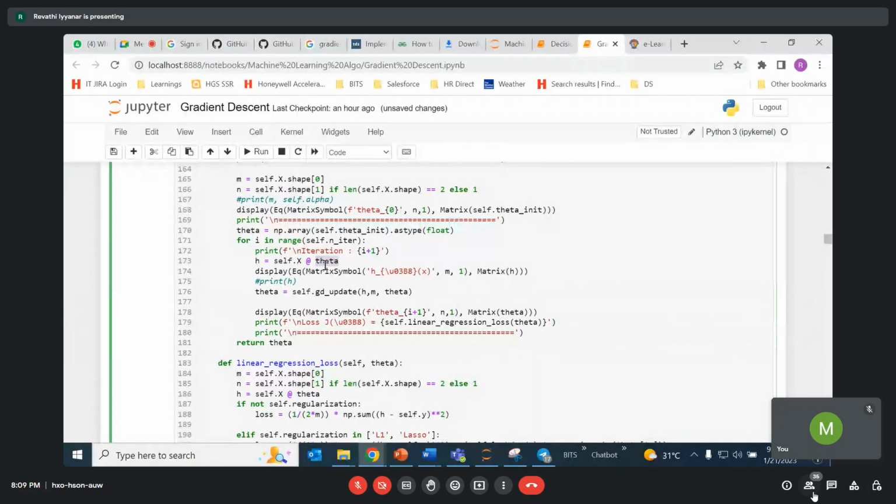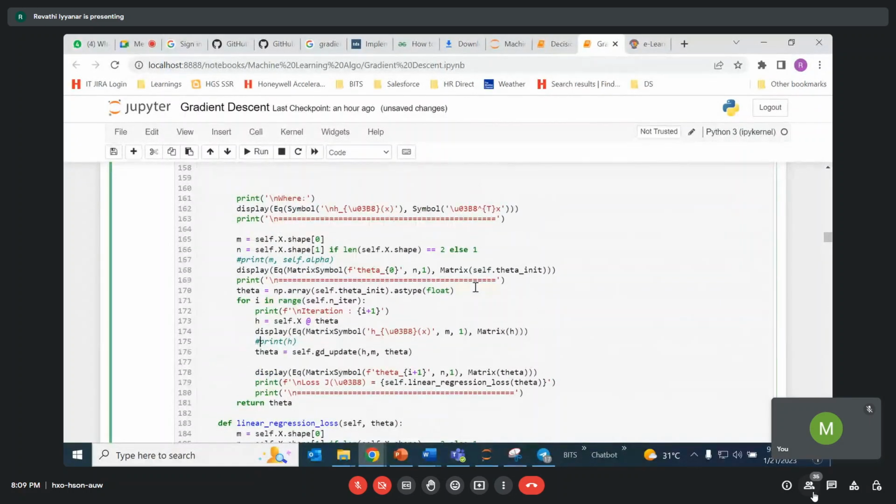Where do they take the transpose? I'm not sure. Here, right? X H. And then they transpose.